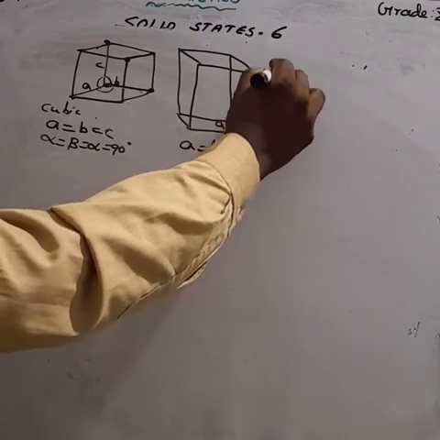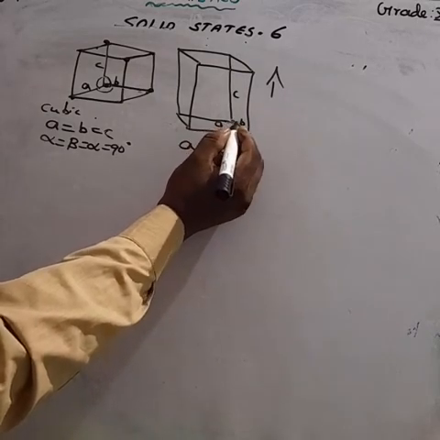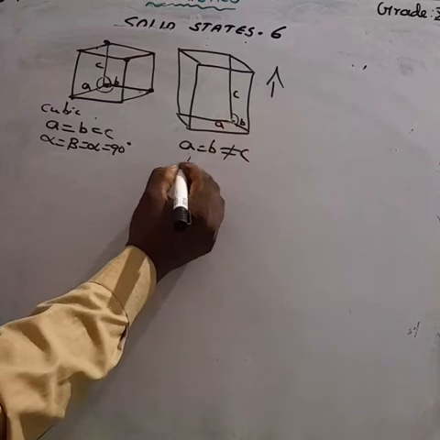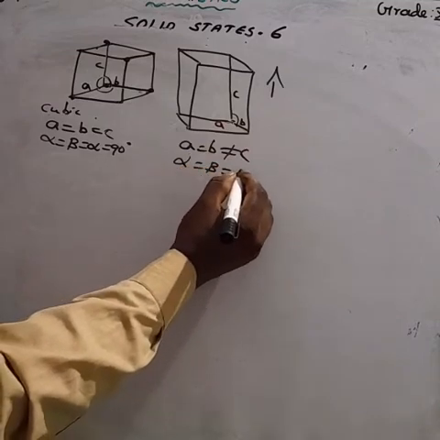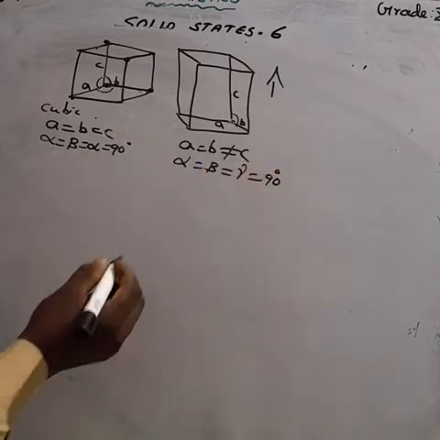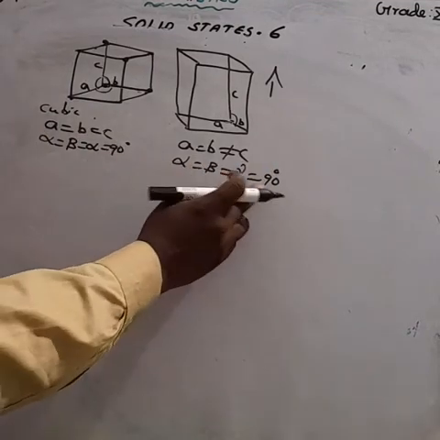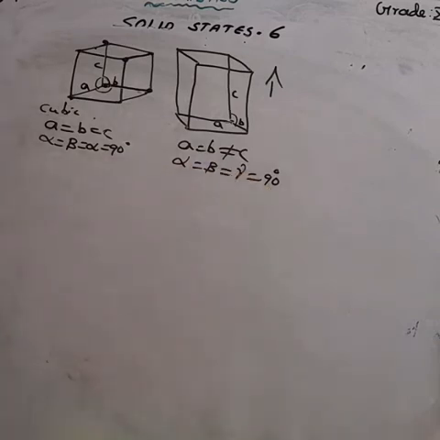So a is equal to b, b is not equal to c. Here alpha is equal to beta, beta is equal to gamma, that is equal to 90 degrees. That is about the tetragonal.